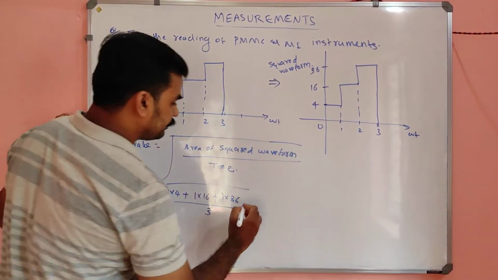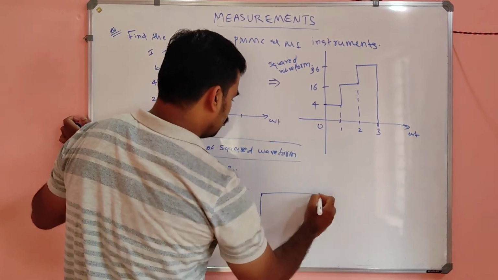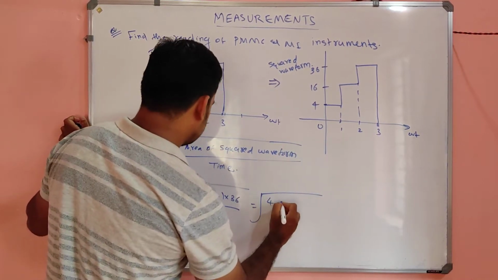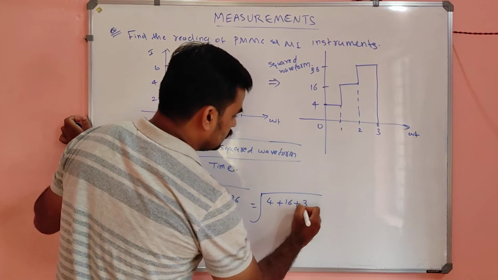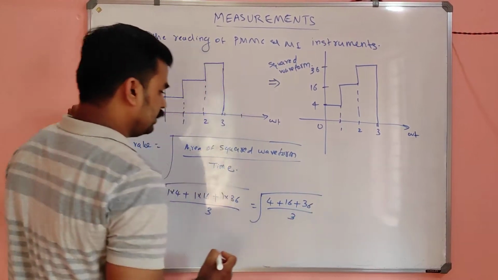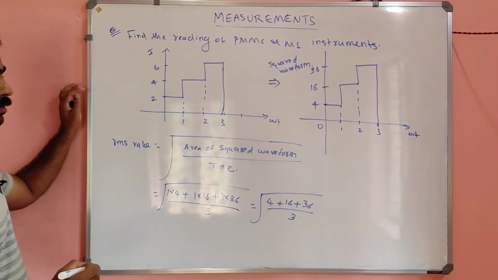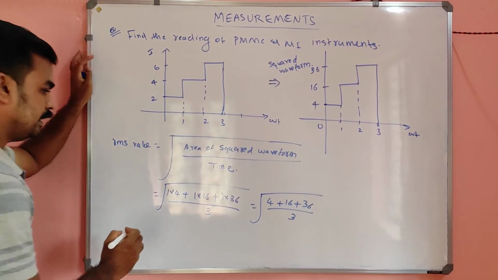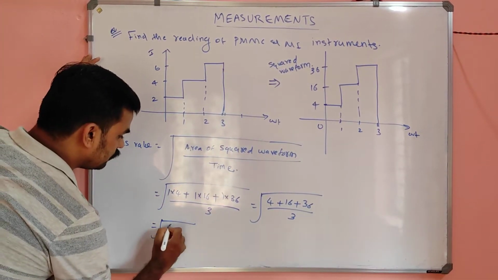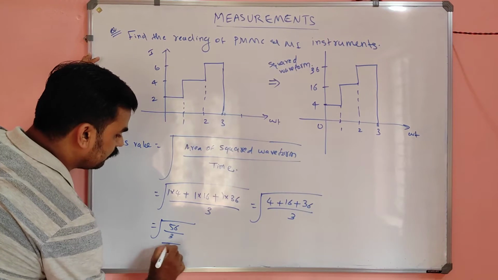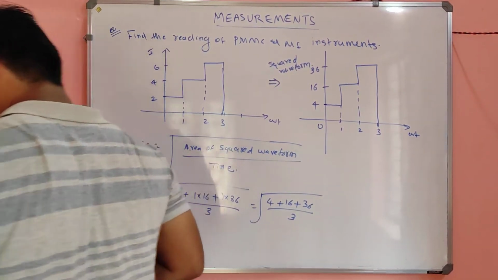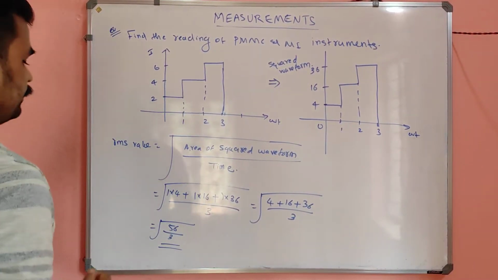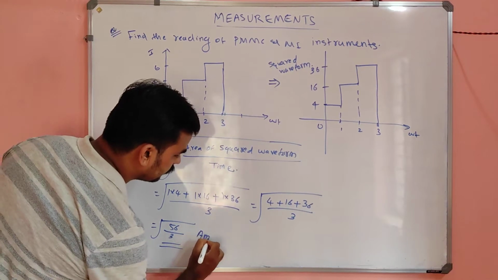So it will become root of 1 into 4 plus 16 plus 36 divided by 3. So 20 plus 56, right? Root of 56 by 3 ampere. So this is the answer.